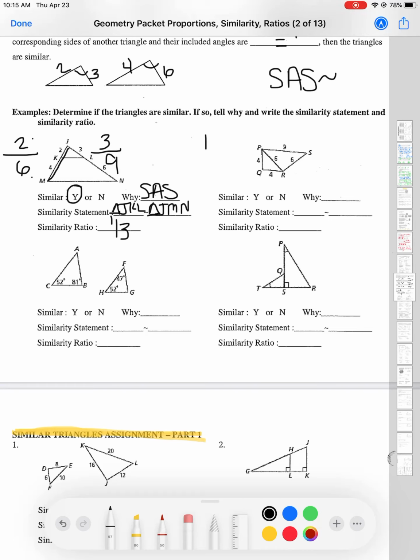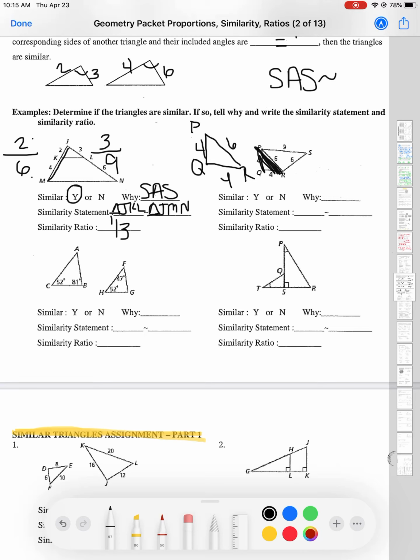So what I ended up doing was I actually pulled this triangle off. PQR, 4, 4, 6. And I pretended that it wasn't even there.